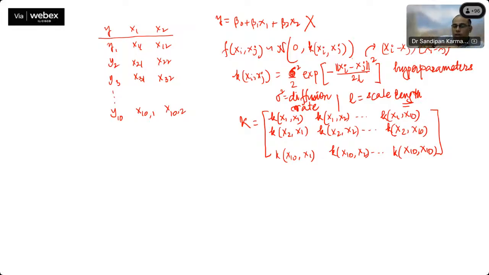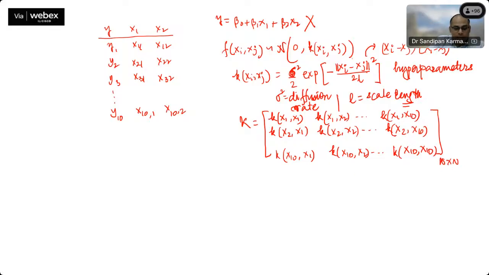In principal component analysis, we are looking at the columns to find out the variance, but here we are looking at the rows, and the size of this covariance matrix will be the same as the number of observations we are having in the data set. So this will be n cross n.